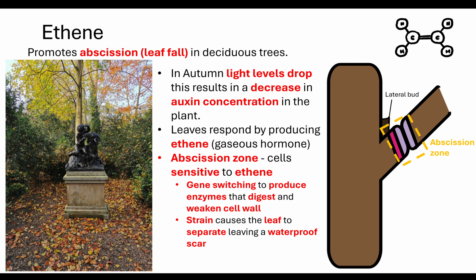If there's not very much light, there's not going to be much light-dependent reaction, therefore there'll be less glucose being produced. Well, the glucose that needs to be broken down in respiration to maintain the leaf will be a higher demand. So by dropping the leaves until a point where the light levels have increased again, that is more beneficial for the plant. And that is why deciduous trees actually produce this ethene hormone to promote that leaf fall.